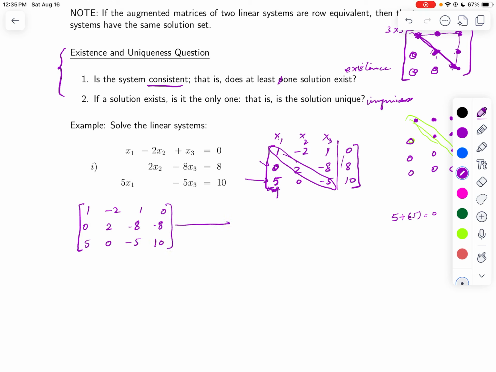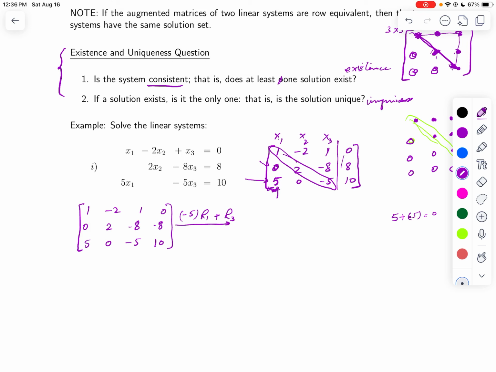I'll make a long arrow here and write on top of it what I'm going to do: negative 5 R1 plus R3. So I'm going to multiply the first row by negative 5 and add it into R3.